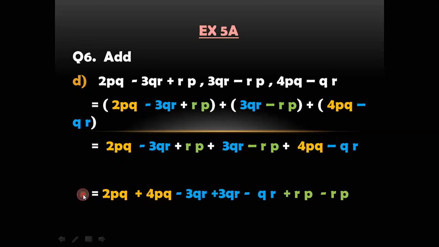They are placed together and they are added. 2 plus 4 is 6, and qr and minus qr cancelled, and rp and minus rp again cancelled, and when they are cancelled we get an answer 0, because plus 1 and minus 1 give us 0, and we do not need to write 0, but even if you write it, it does not matter.